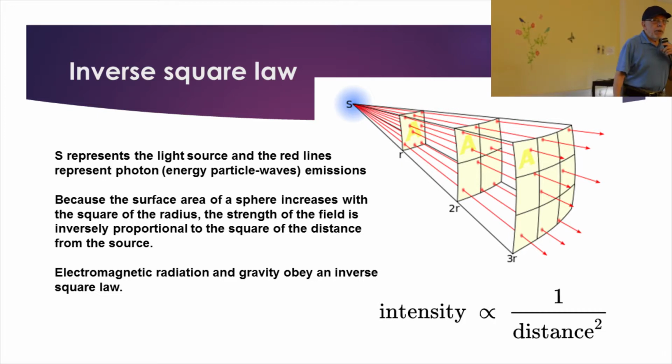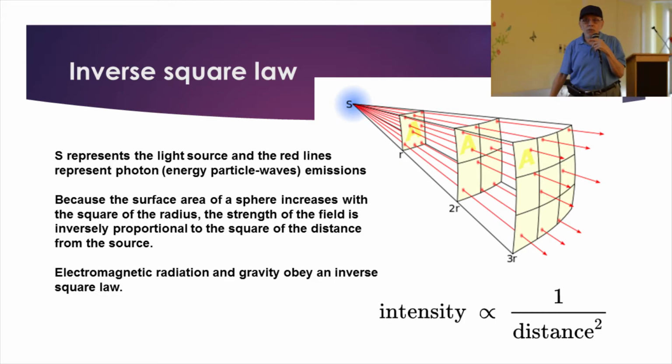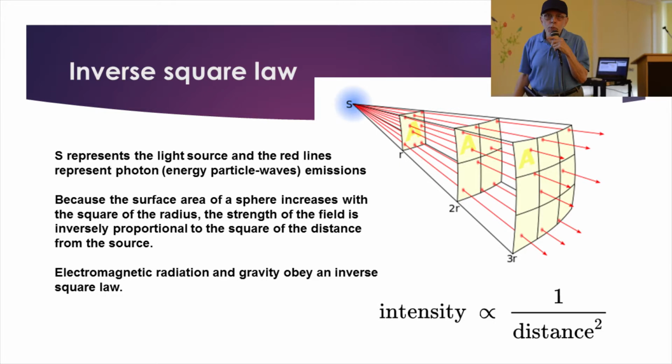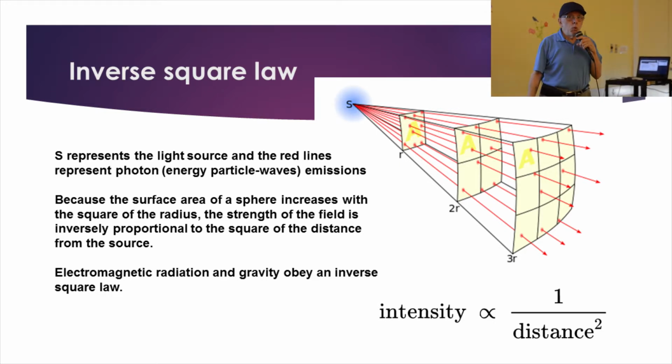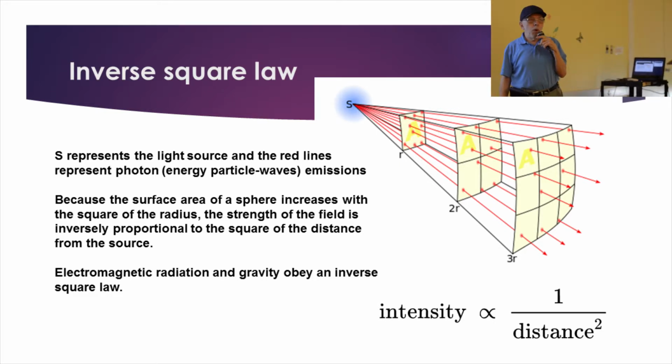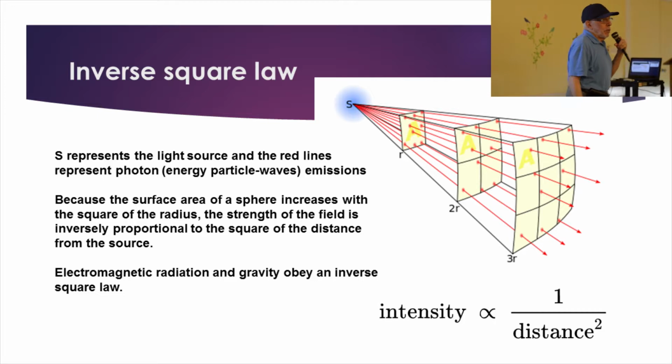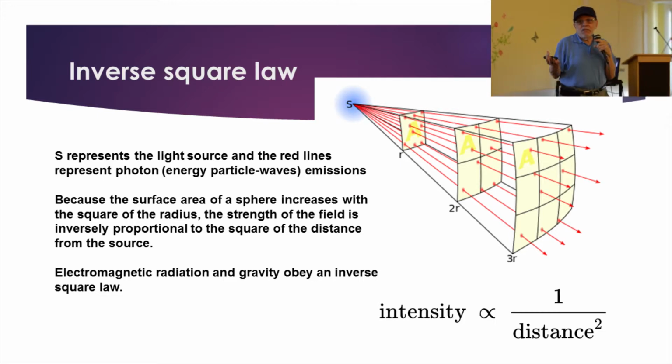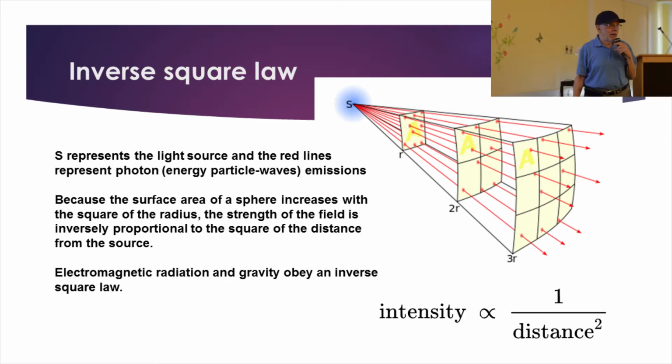If you went up another 4,000 miles, your weight would be reduced to 1/8, 1/9. How do I keep doing that? It doesn't go as R cubed. Yeah, it goes as R squared. 1/9. So you would weigh about 15 pounds, something like that.